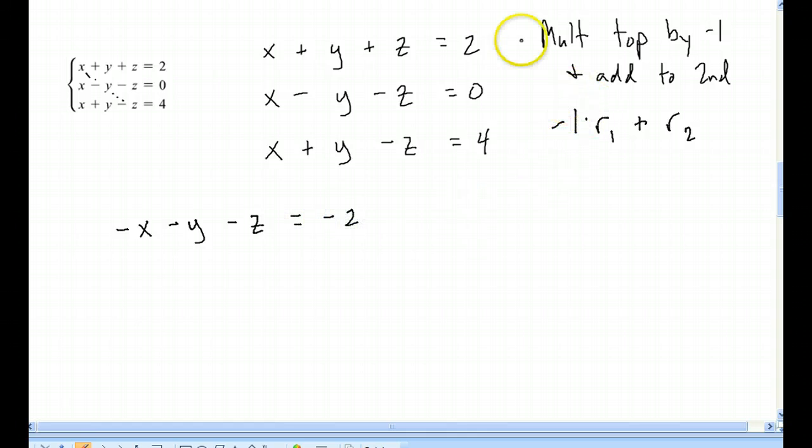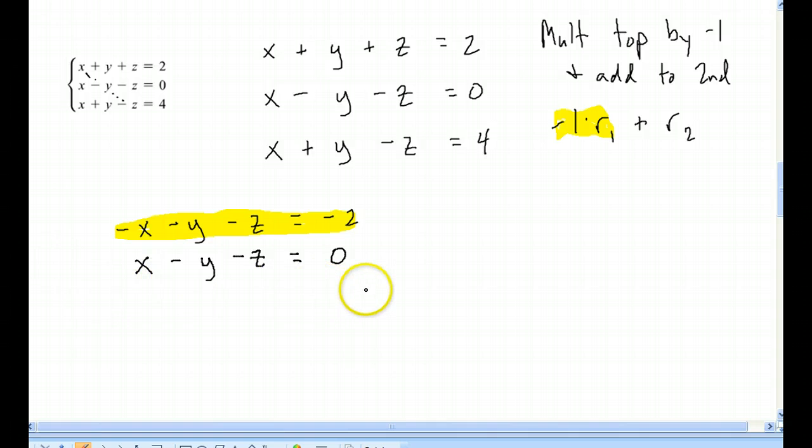Alright, so this right here that I'm highlighting is -1 times R1. Alright, now all I'm going to do is just rewrite R2 the way it was. X minus y minus z equals 0.